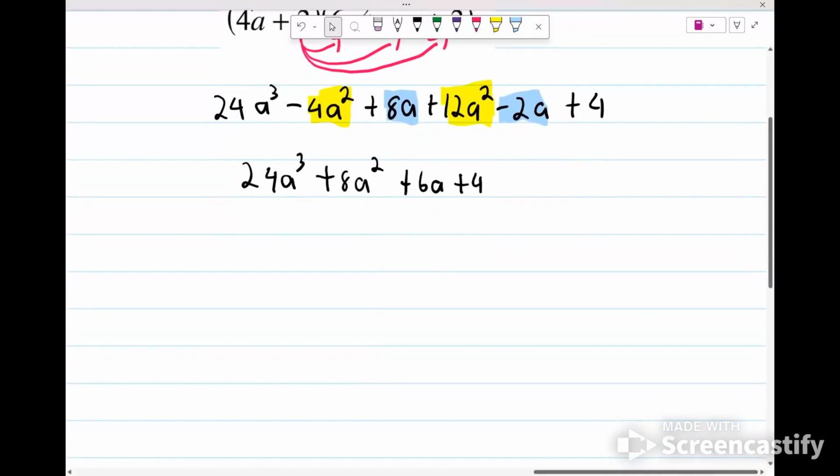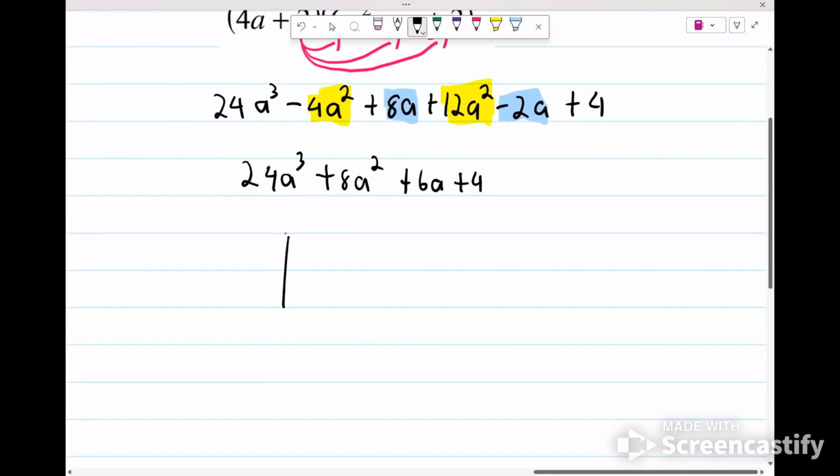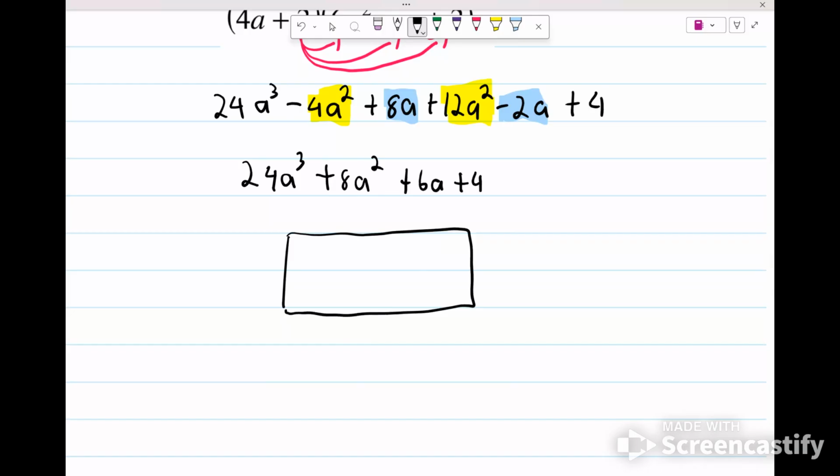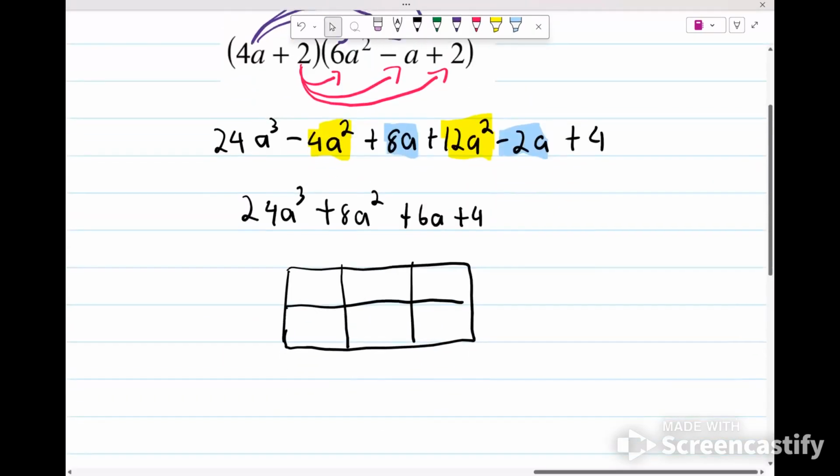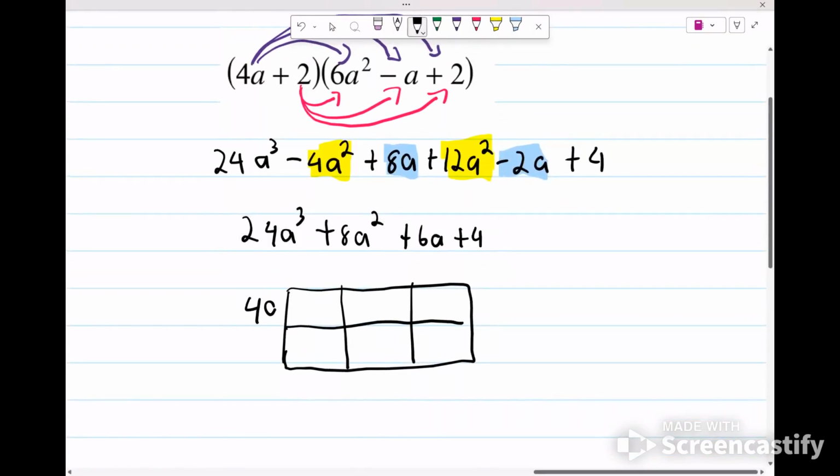So as a box method, let's just create this box real quick. So it's 4a and 2. Then we have 6a squared, negative a, let's make sure we include that negative, and 2.